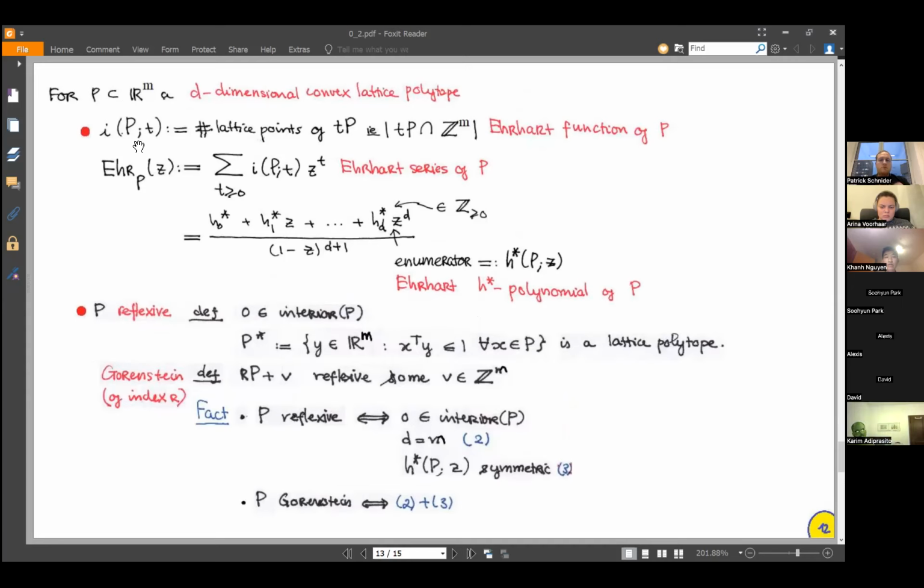Then for any non-negative integer t, I define i(P,t) to be the number of lattice points in tP, and i(P,t) is a polynomial function of t, and we can associate this function to the generating function named the Ehrhart series of P. It is given by this formula, equal to the sum of i(P,t) z to the power t, over all non-negative integers t.